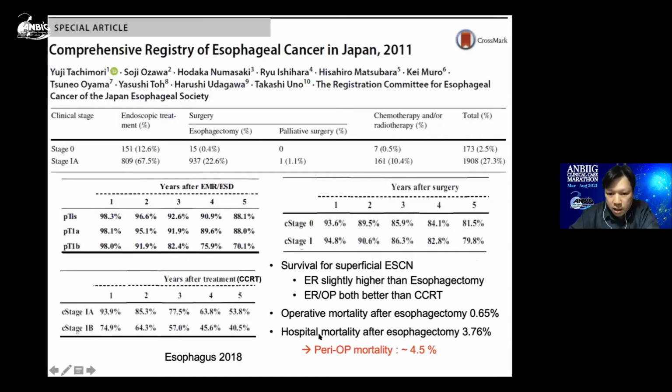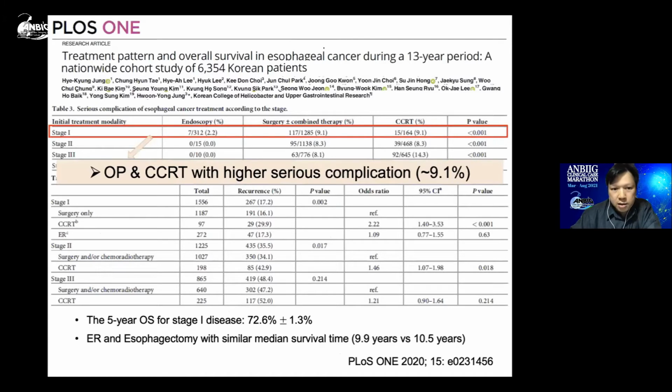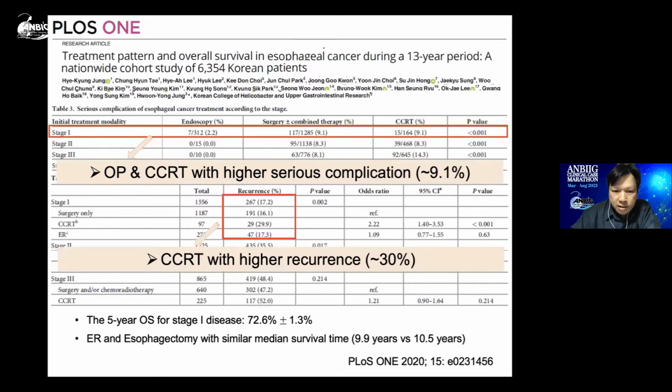However, for esophagectomy, the operative and peri-op mortality is near 5%. The data from Korea also show that OP and CCRT had higher serious complications, up to 9%, but CCRT has a higher recurrence rate.